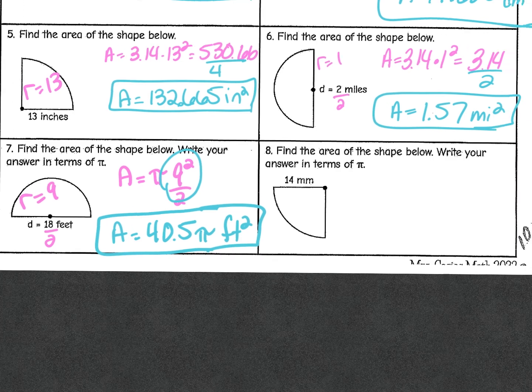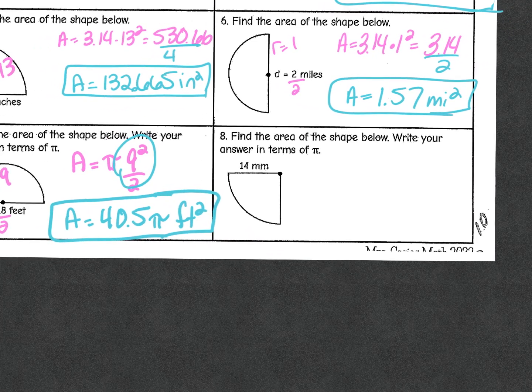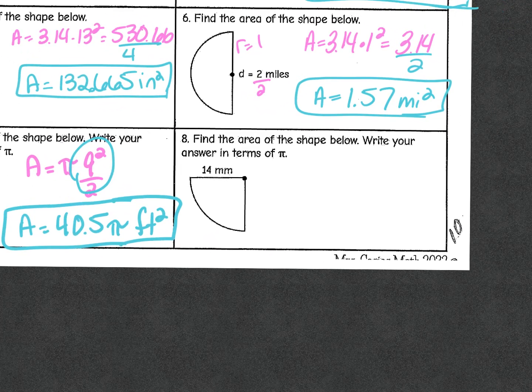Okay, you're going to do the same thing here, but this time we're going to divide by 4. So I'm kind of hesitating so that you try this. Remember, this is r equals 14. We leave pi in our answer. So it's 14 squared, and we divide by 4.